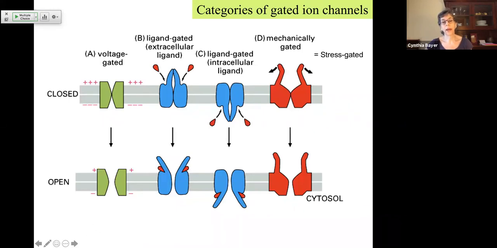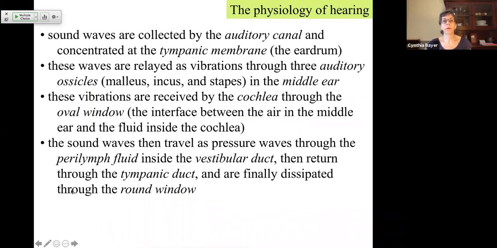So let's take a look at the different structural components of our ear, and then we will focus in on the actual auditory portion of our ear that involves a change to a mechanically gated ion channel. We're going to describe some of the structural components of our outer ear, middle ear, and inner ear. And then we'll zoom in on the inner ear and look at the actual organ of hearing.